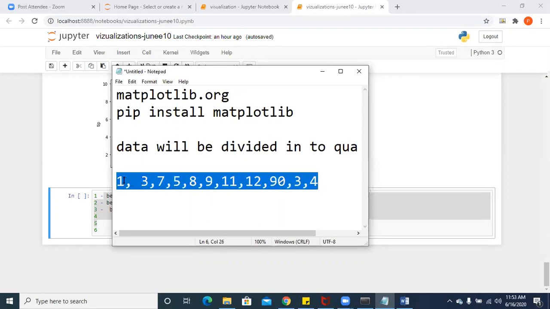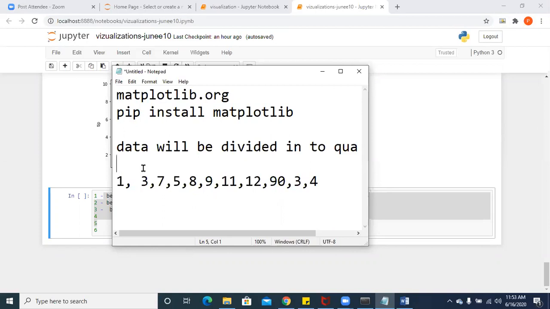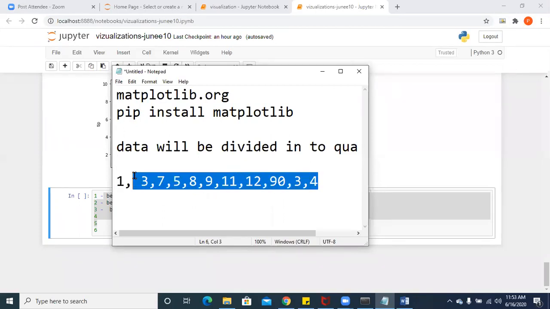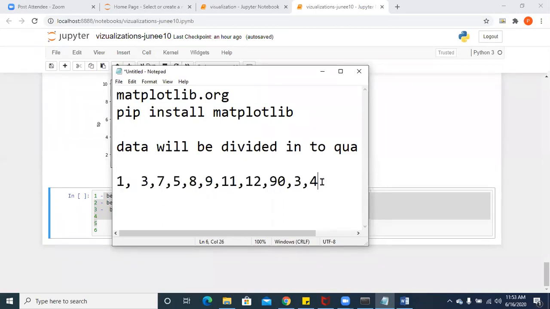First, the data is sorted, meaning it is arranged in ascending order.